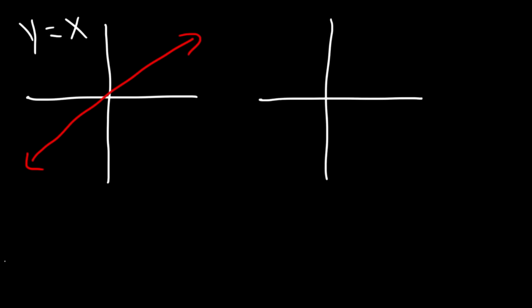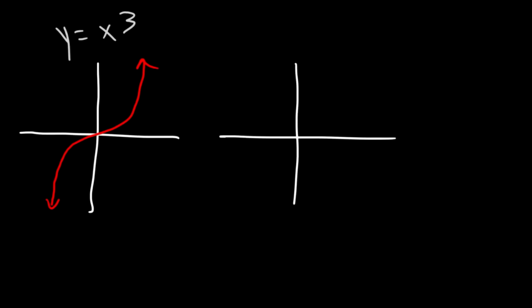Now let's move on. Let's work on some other examples. So make sure you're aware of the parent functions. Let me just run through them real quick. So this is the graph for y equals x. The next one you need to be familiar with, as we mentioned earlier in this video, is y equals x squared. And here's another one. This is y equals x cubed.